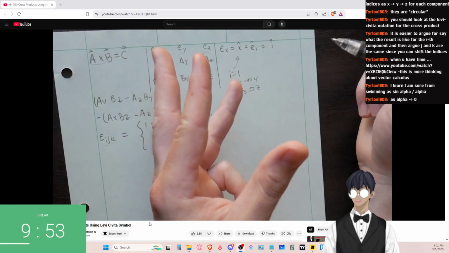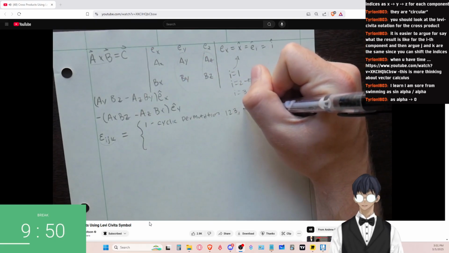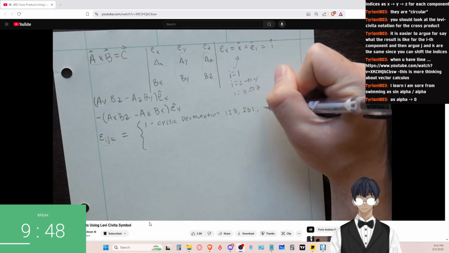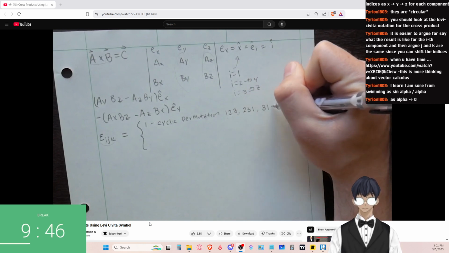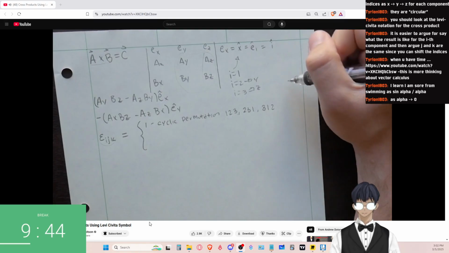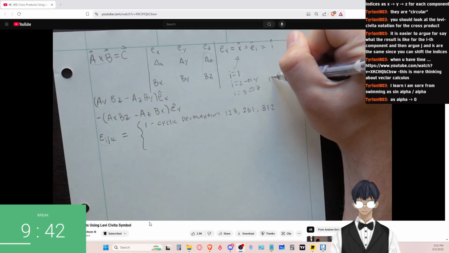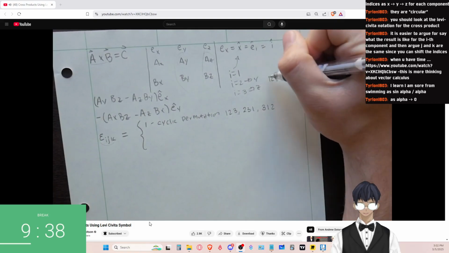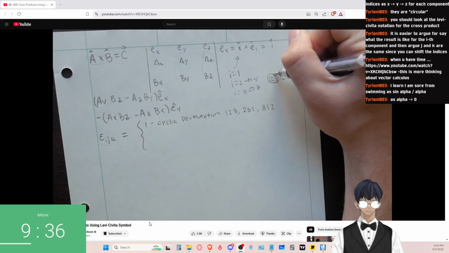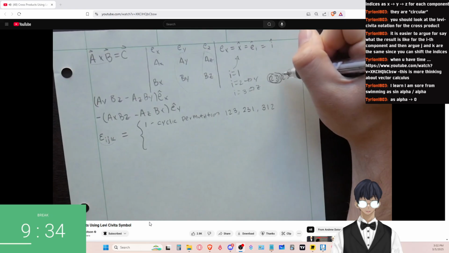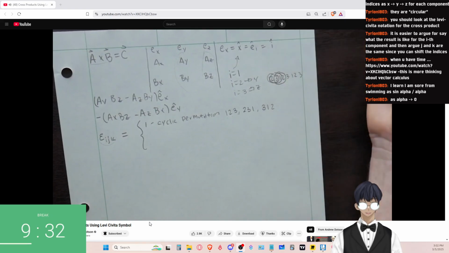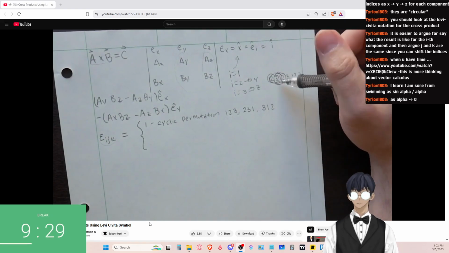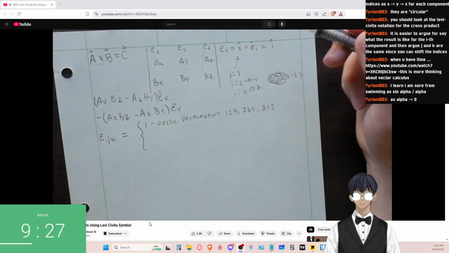Oh, I think I remember reading about this. Permutation. So we would get 2, 3, 1. Likewise, we could also get 3, 1, 2. If it's easier to think of it this way, just write 1, 2, 3, 1, 2, 3, 1, 2, 3 over and over again. This works, shift by 1. This works, shift by 1. Whatever helps.